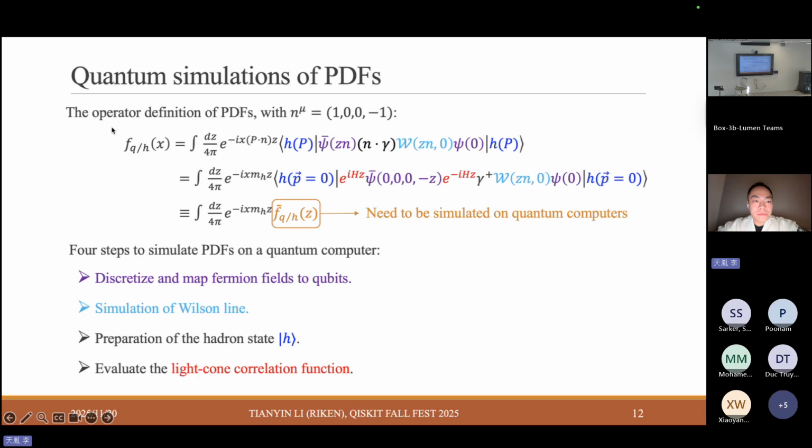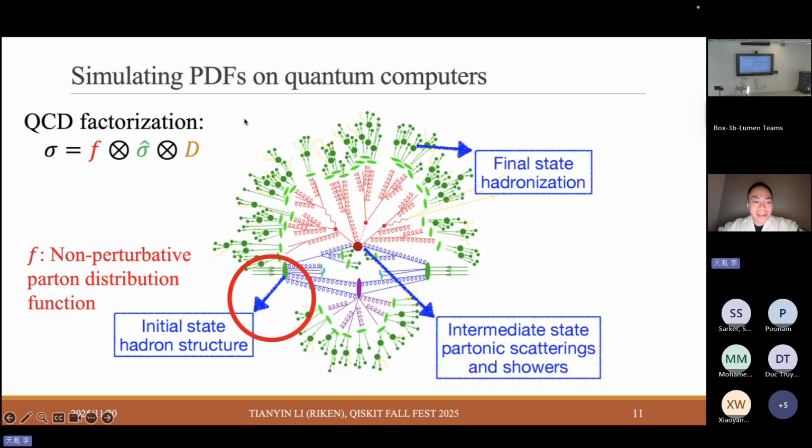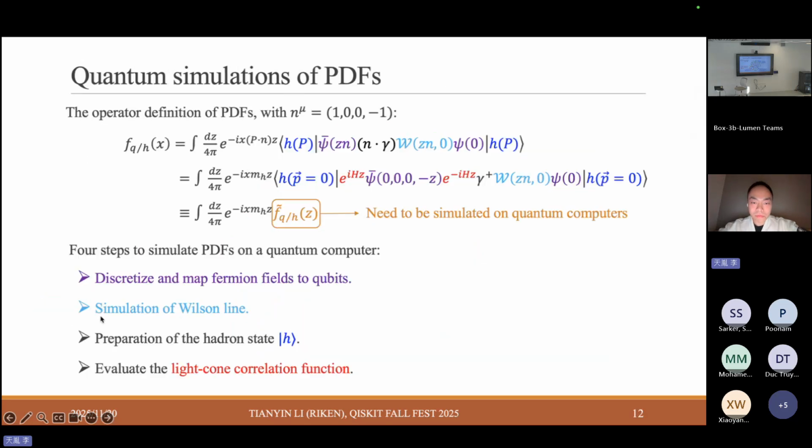Now I want to show the operator definition of parton distribution functions because I first want to talk about how to simulate the parton distribution functions on a quantum computer.